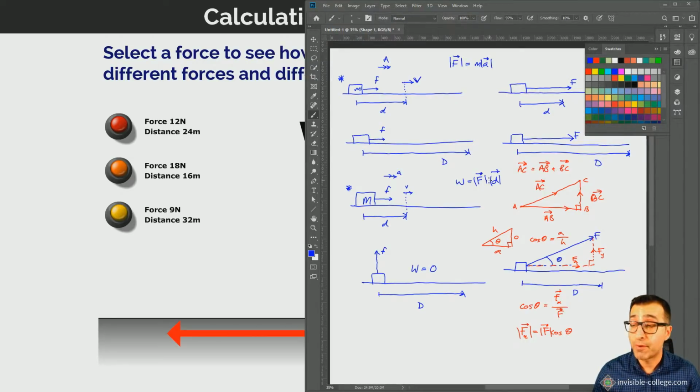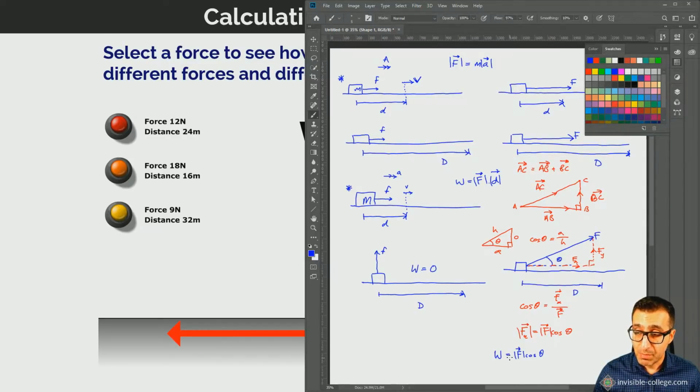And these two need to be parallel to each other. The magnitude of the force acting parallel to this displacement is F sub x, which is this. So in this case, the work done is F, the magnitude of the force, in this case operating at an angle, times the cosine of theta.